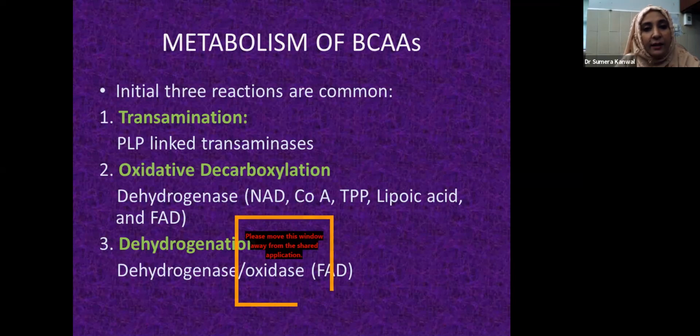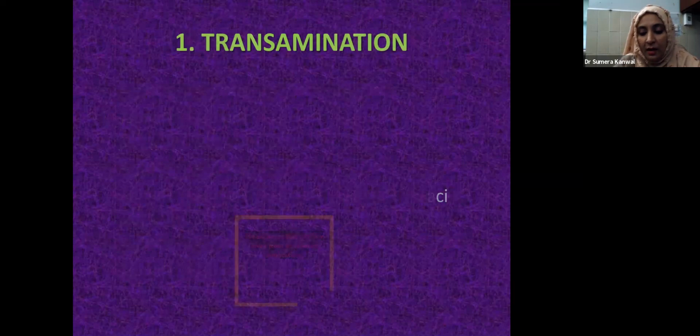Okay, so these three are the common reactions: transamination, the oxidative decarboxylation, and dehydrogenation. Now the first reaction is the transamination.